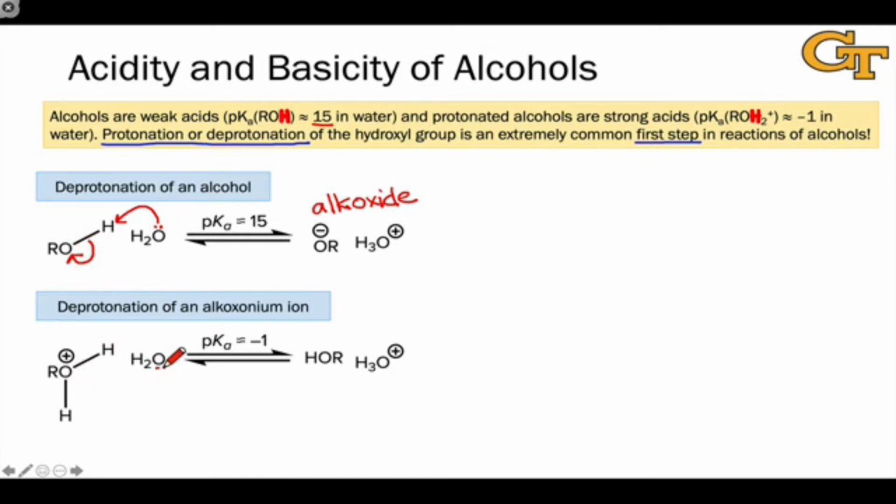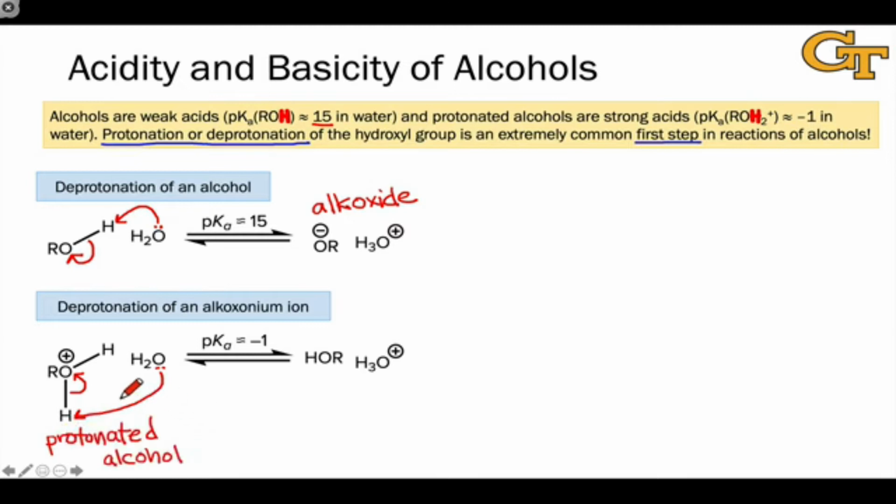And so if we again consider water acting as a base, removing this proton, we end up with a neutral alcohol now, a hydronium ion, and the Ka here is about 10, making the pKa -1. We'll often refer to this intermediate on the left here just as a protonated alcohol, understanding that the additional proton is living on the hydroxyl oxygen.